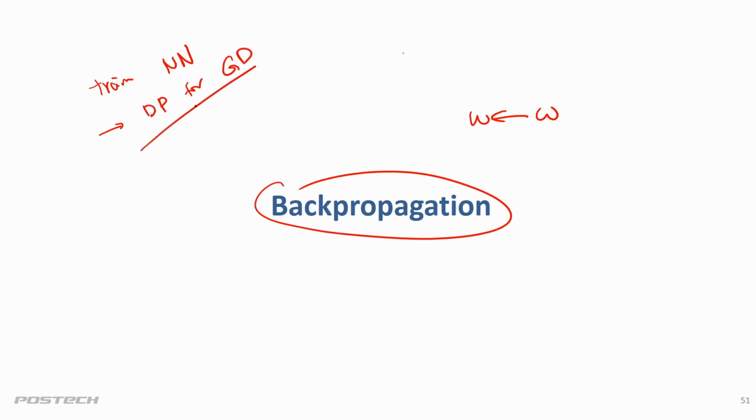There is a fancy name for this: backpropagation. The purpose is to train, or find optimization solutions to learn, all the weights and biases, the unknown parameters in the neural net. And the main method is using dynamic programming for gradient descent.